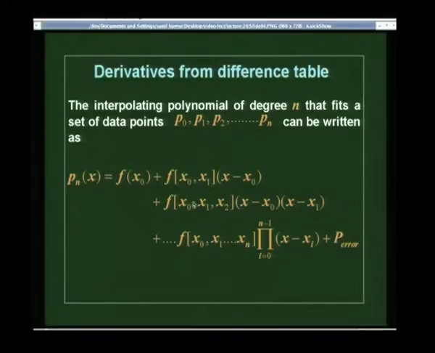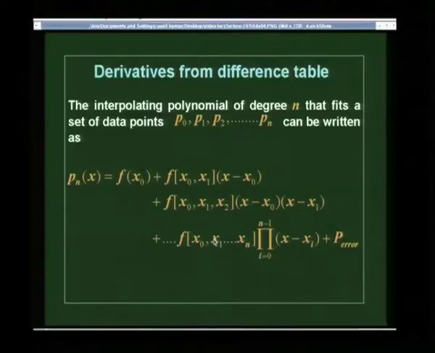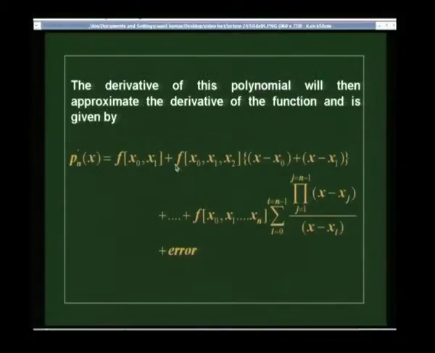Once we have the difference table and we have the coefficients, we can construct the derivative simply by this method. That is, we now write the derivative as another polynomial, and you look at how the terms become slightly different.